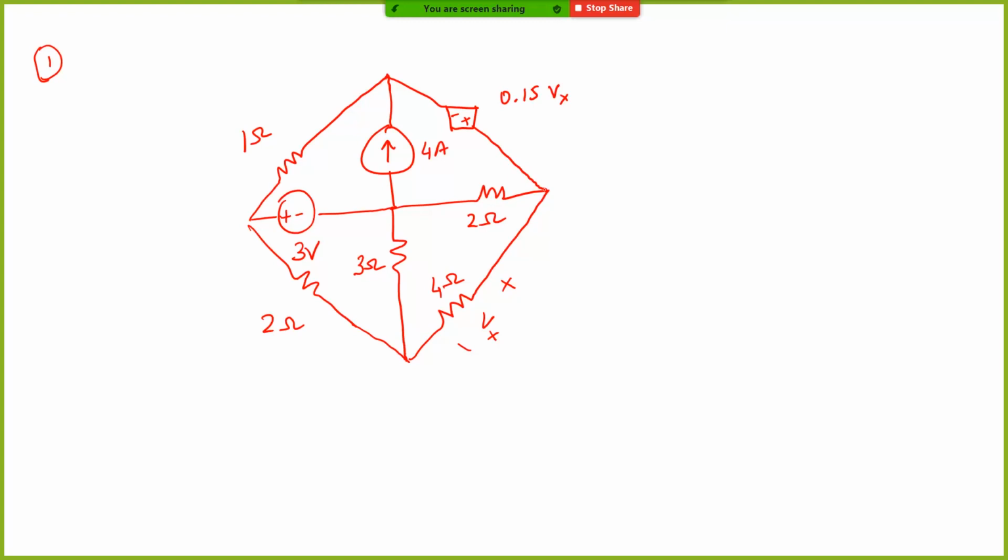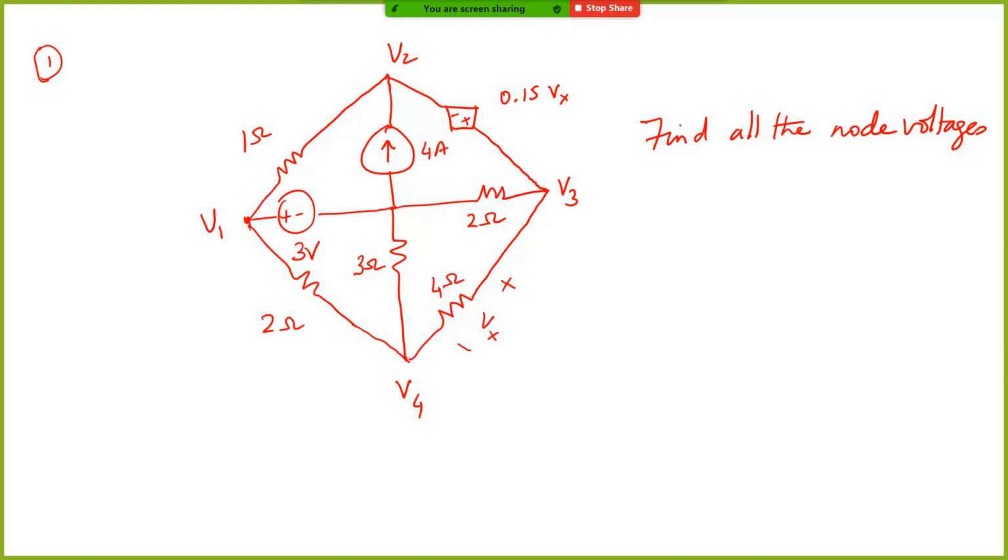Okay, so this is the problem, and all the voltages, current sources, and resistors are labeled. Let's say this is V1, this is V2, this is V3, and this is V4. The question is, find all the node voltages. Basically find V1, V2, V3, and V4.